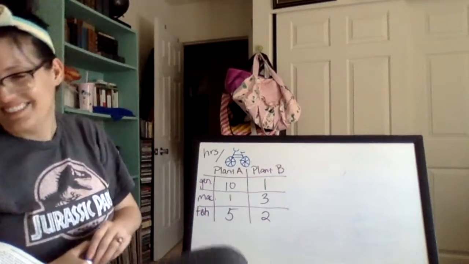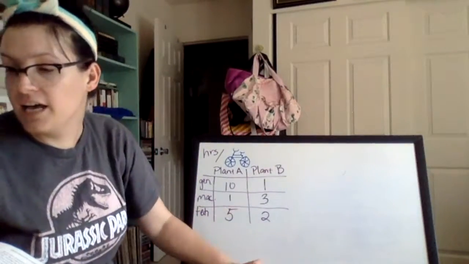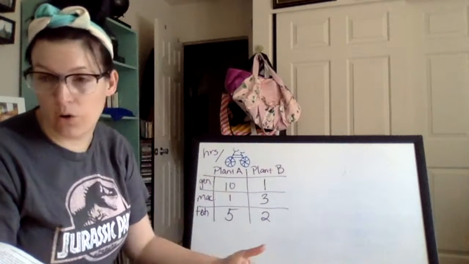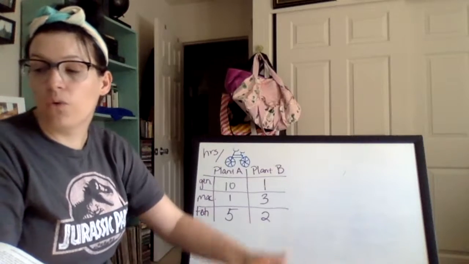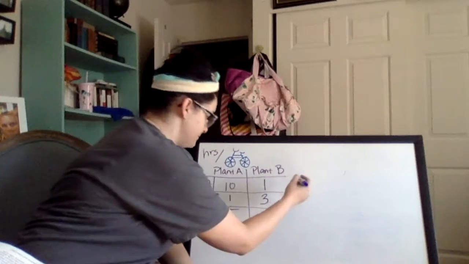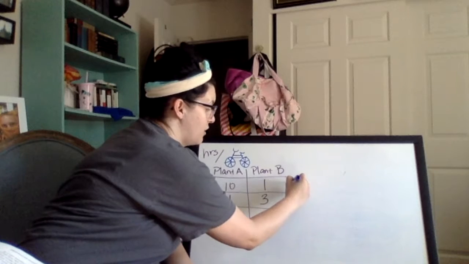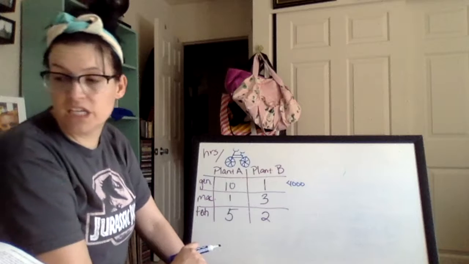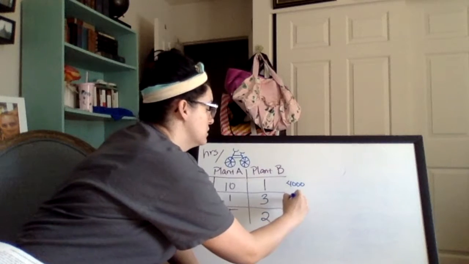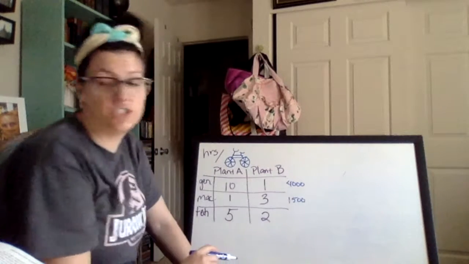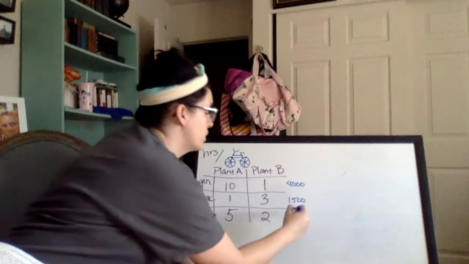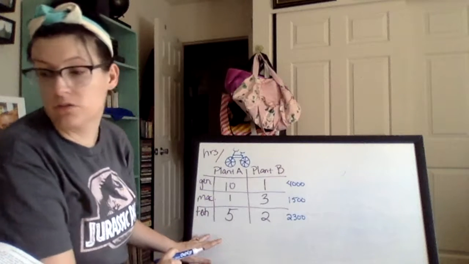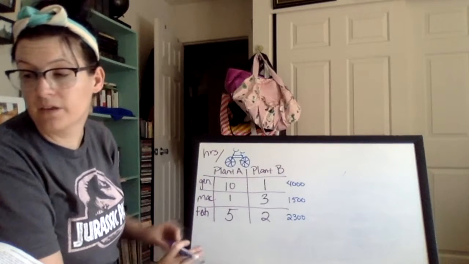So it says, for the 2 plants combined, the manufacturer can afford up to 4,000 hours of general labor, up to 1,500 hours of machine time, and up to 2,300 hours for technical labor. Okay.